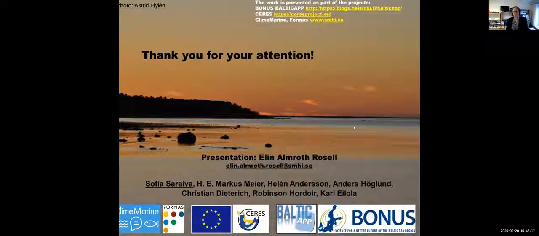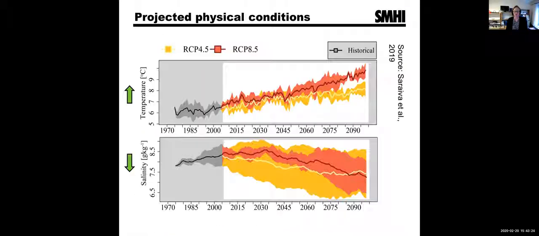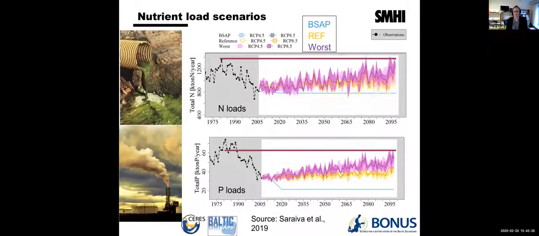I can see if I can go back to that figure. The increase of nutrients is rather slow. I mean, it's not a big change, but it's due to higher precipitation, it's raining a lot more, so there will be a higher runoff.